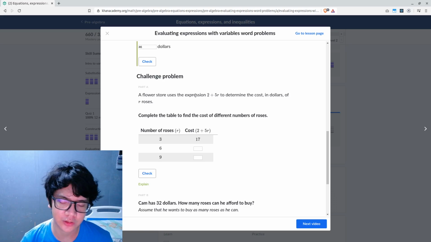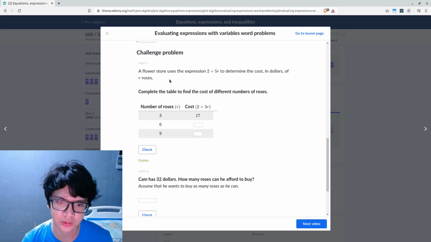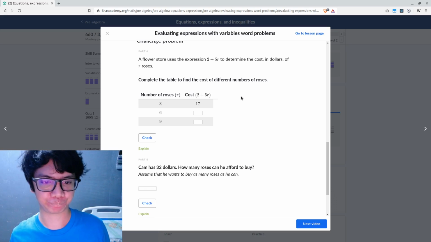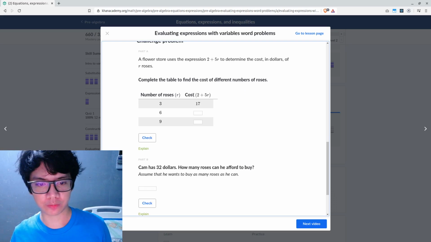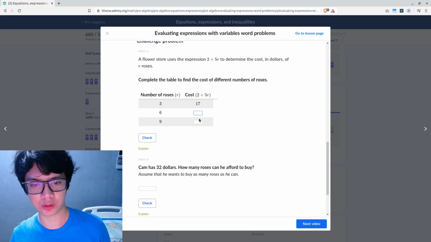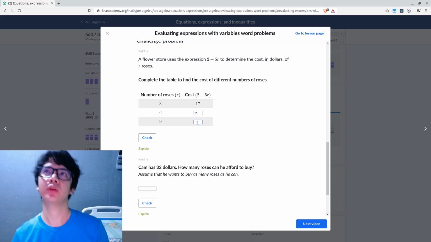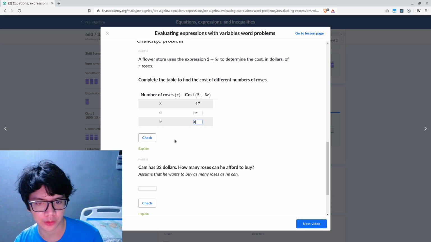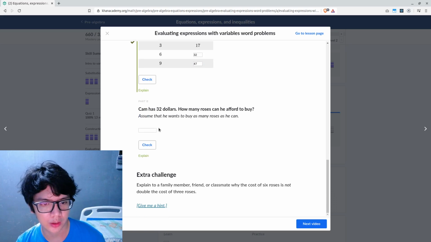A flower store uses expression 2 plus 5r to find the cost in dollars of r roses. So 5 times 6 is 30. Yeah, okay, that makes sense. Cam has $32.